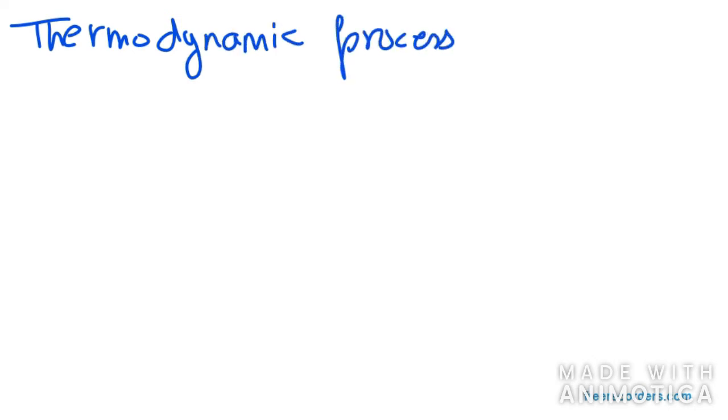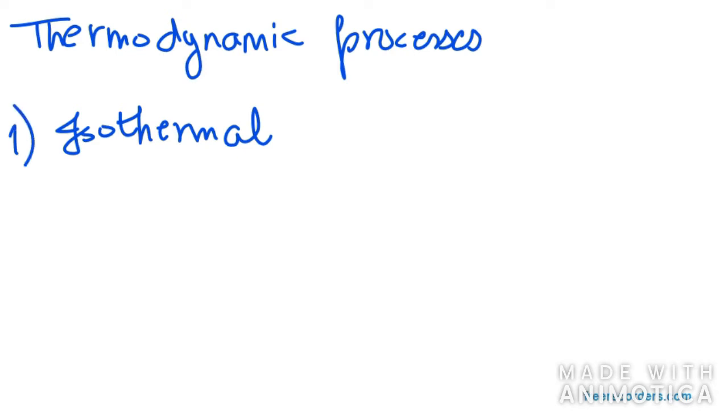Thermodynamic processes are of four types. We need to talk mainly about two, isothermal and adiabatic, but I will be talking about all four: isothermal, adiabatic, isobaric, isochoric.